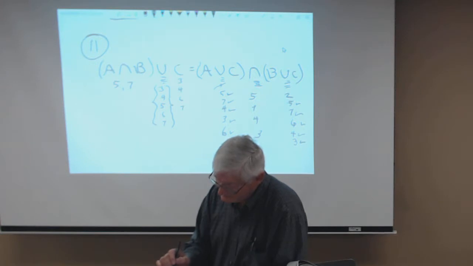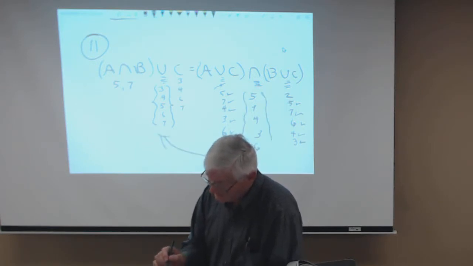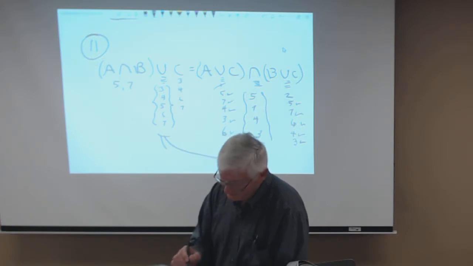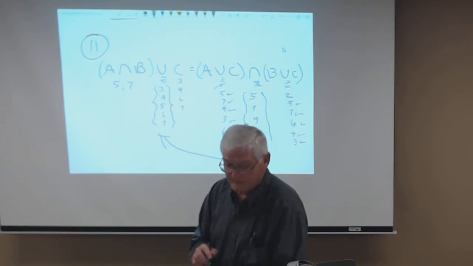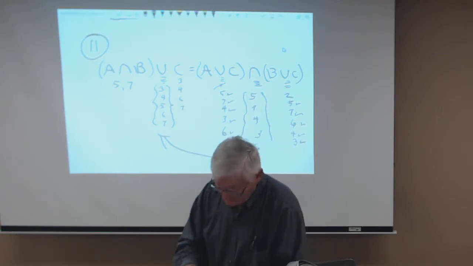Does this set and this set over here match? 3, 4, 5, 6, 7. 3, 4, 5, 6, 7. Good.